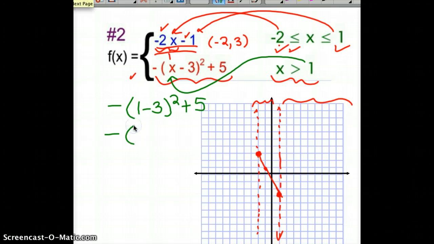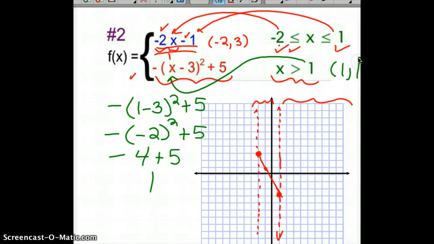So I'd have a -2 squared plus 5. So I'd have a -4 plus 5. I'd have a 1. So when I put in a 1, I got a 1 out. So at 1, 1, I'm going to go here to this fence, but I'm going to leave it open. Technically, I haven't graphed anything yet, but my graph needs to get right up to that dot.